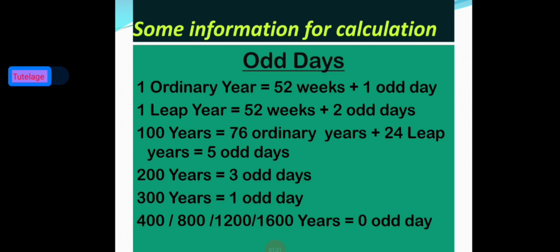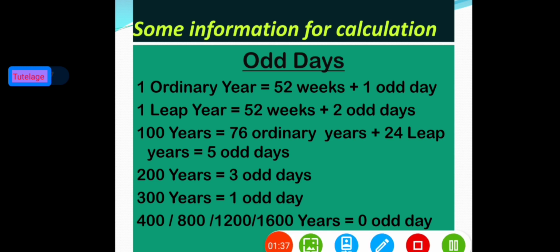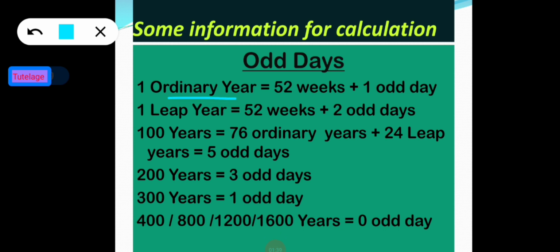So learner, before starting the practice session, we have to know basic information about calendar series problems. Here we can see some calculations for odd days. First, an ordinary year, that means a year which is not a leap year, like 1997.